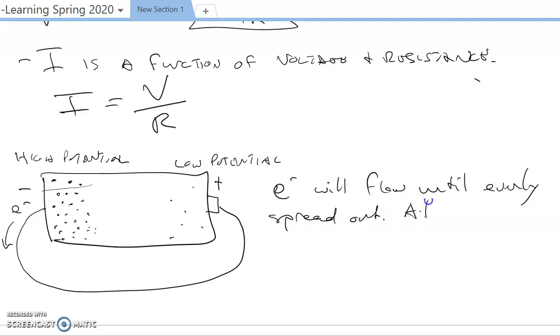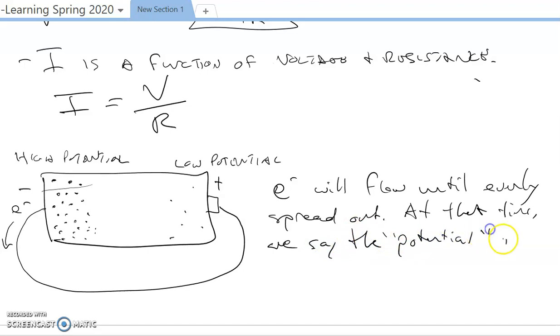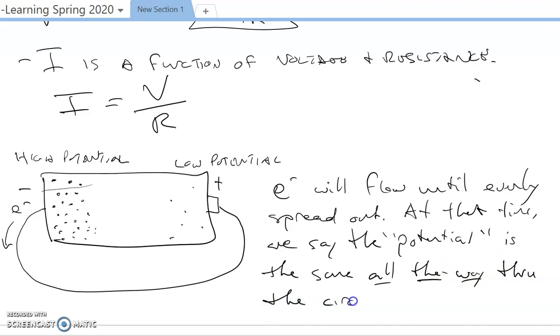At that time, we would say the potential for being pushed is the same all the way through the circuit. If that happens, which way do the electrons flow?